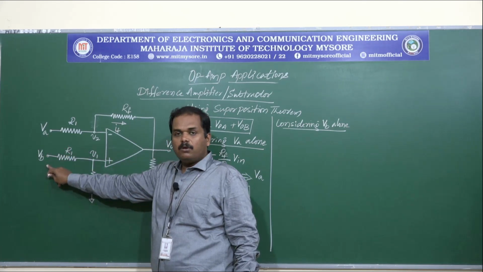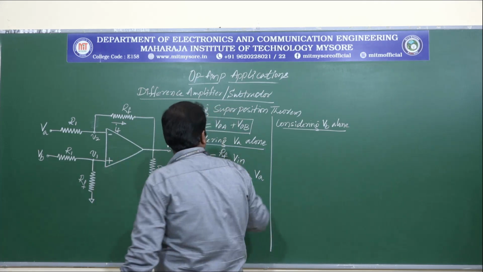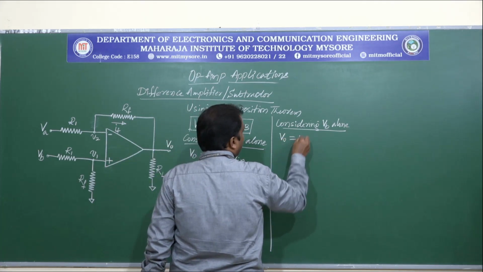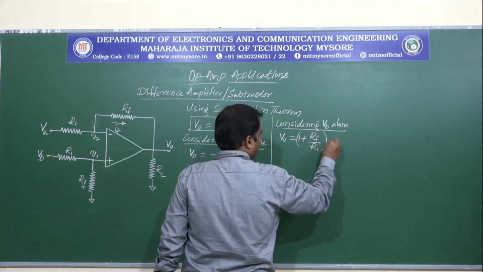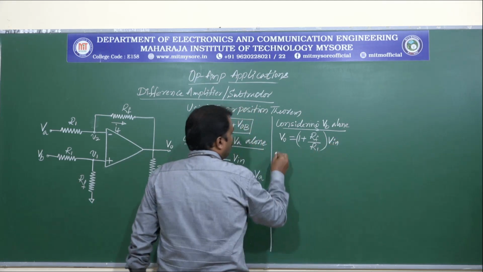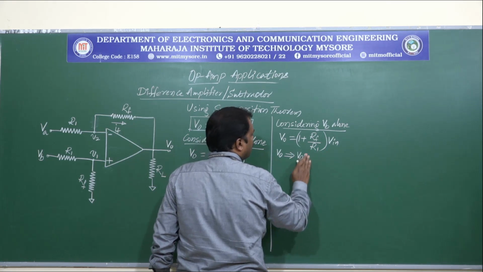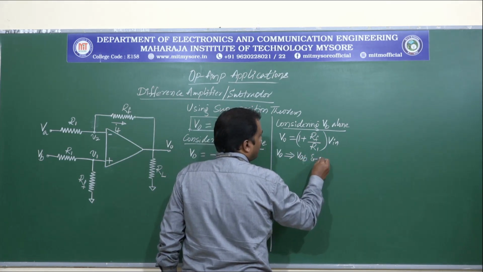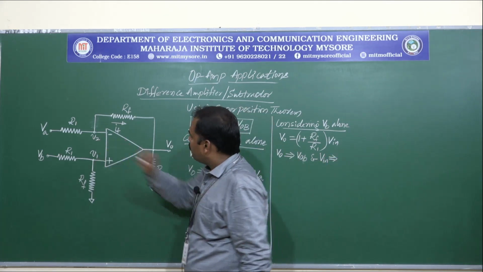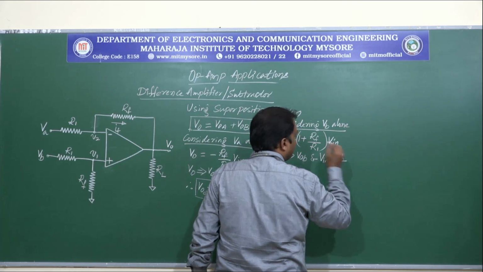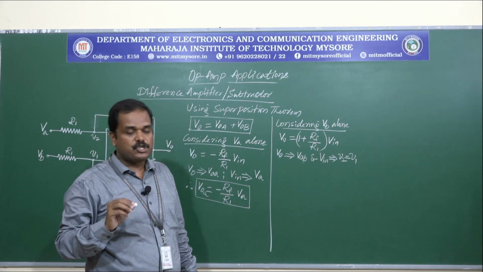Then the circuit will be working as a non-inverting amplifier, where V0 is given by 1 plus RF by R1 into Vin, where V0 is V0B and Vin is this terminal V2, which is nothing but V1 because of the virtual short concept.